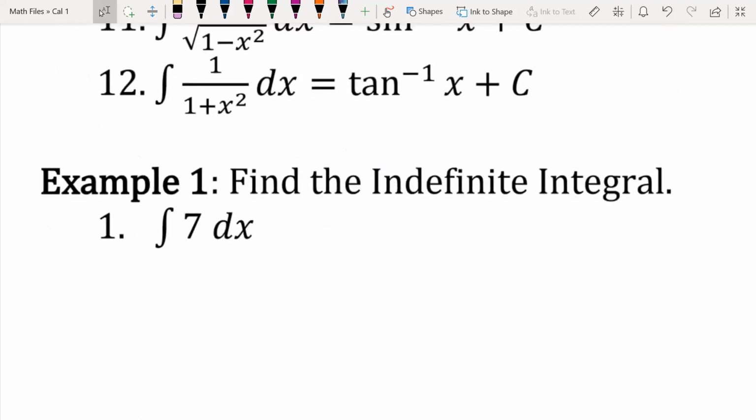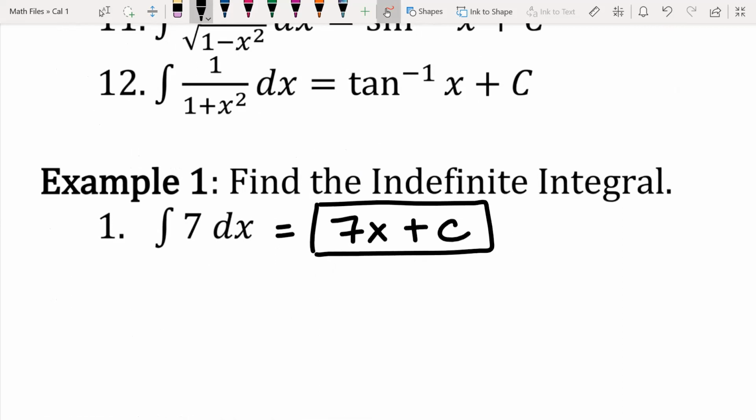Number one, you have the integral of 7 dx. Well, 7 is a constant, so the integral of 7 dx is just going to be 7x plus c. This used the constant rule. There you go.